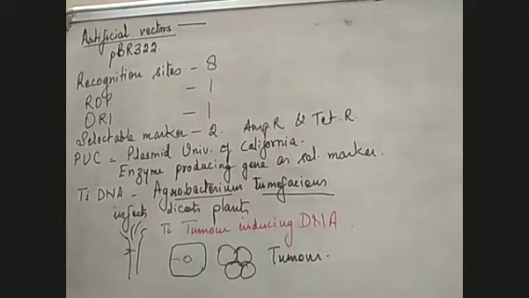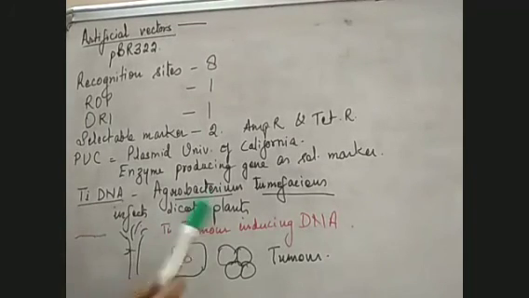So what the scientists did to this TIDNA, in the TIDNA, they included our gene of interest also. That means to this TIDNA, our gene of interest was also added.